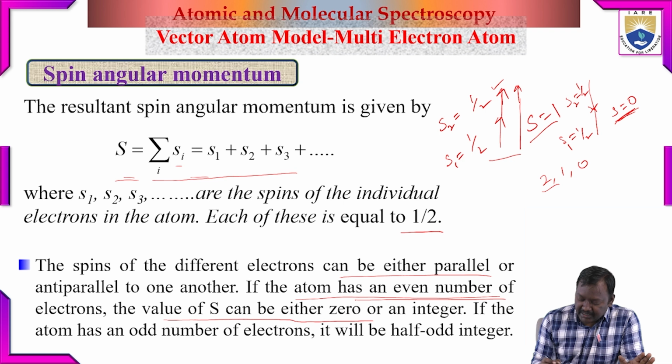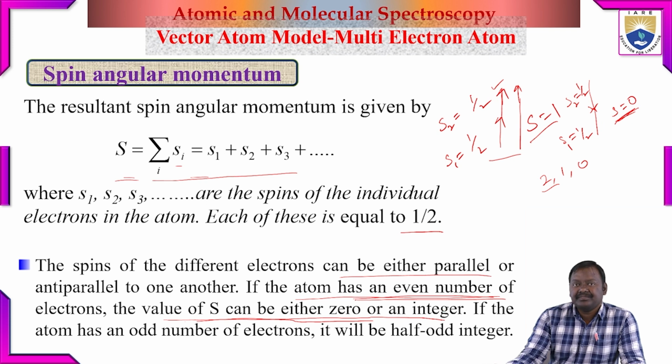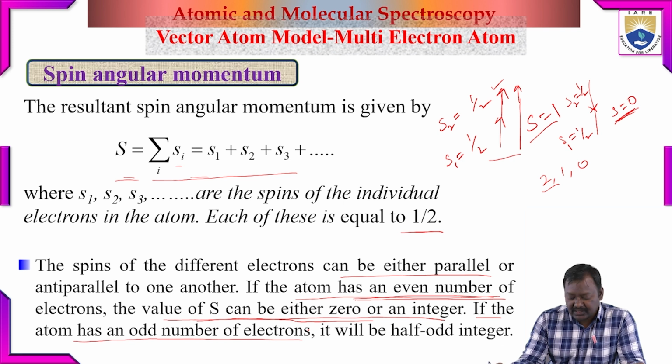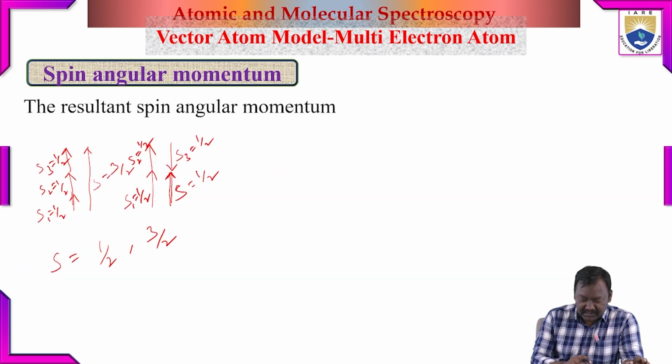So for any atom having an even number of electrons, the total spin quantum number S can have either 0 or an integer value. And again, if the atom has an odd number of electrons, it will be a half odd integer in this case.